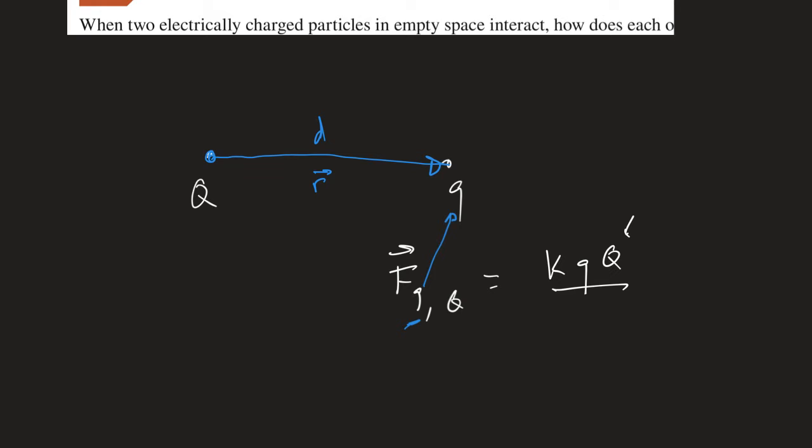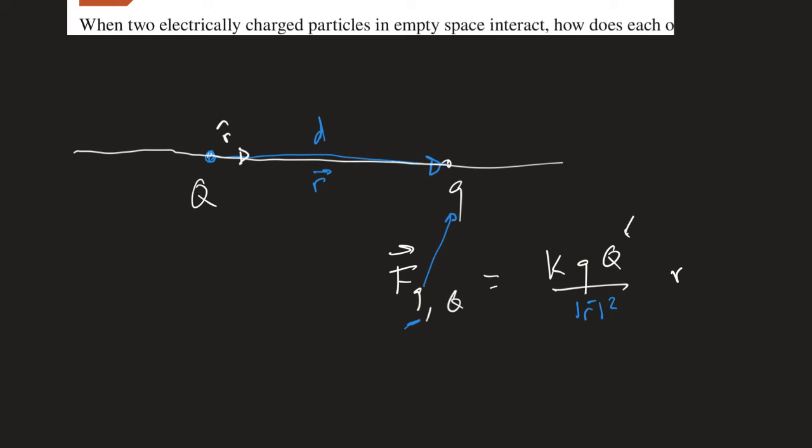So we write the magnitude of the vector r squared, and because this is a force, it has a direction. The direction is along the line that goes from the source to the point of observation. This is the vector r, and this is the line that joins the two particles.